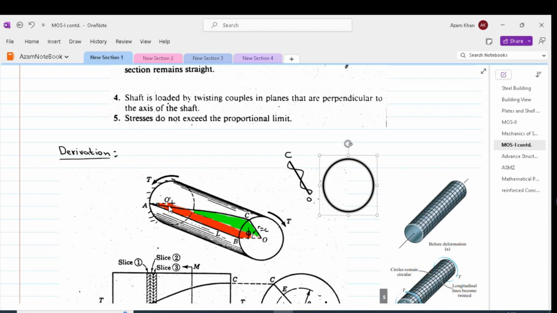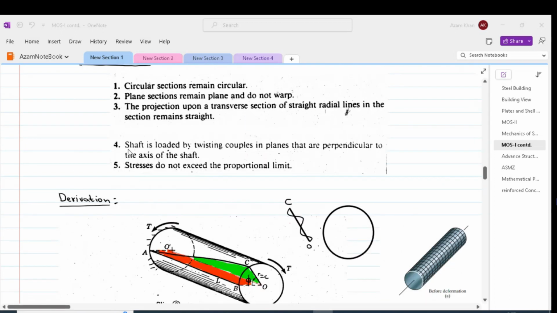Now, after deformation, the red element changes into a green element. In other words, AB, which was originally straight, would twist into a helical AC through an angle of twist, which is called phi. But during this whole phenomenon, we would have OB equal to OC. So OB hasn't expanded or squished, only its position has changed from OB to OC.